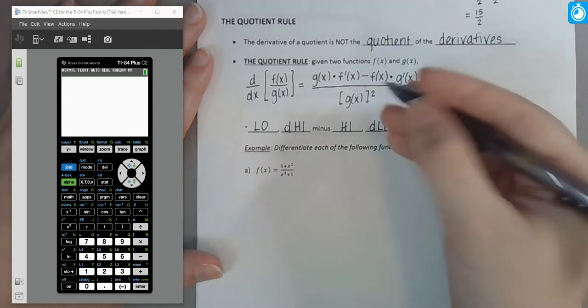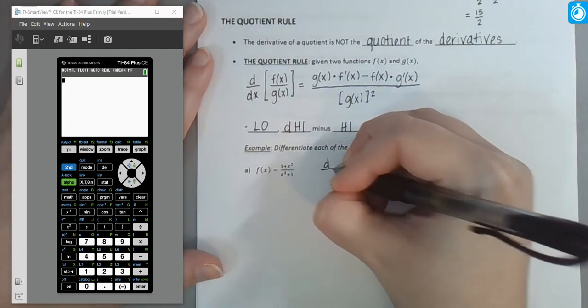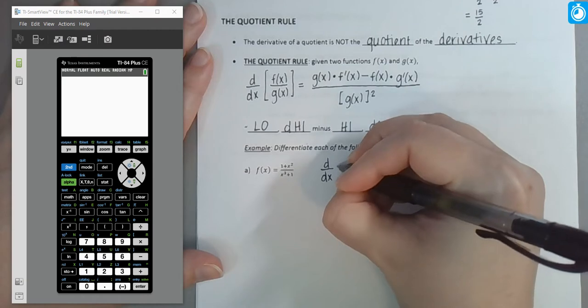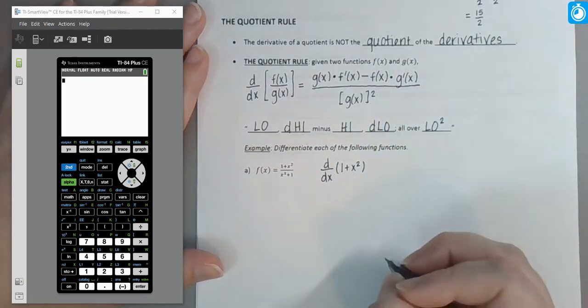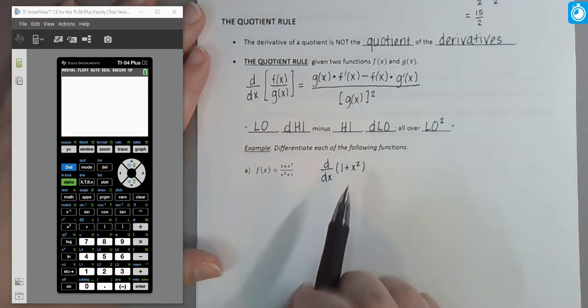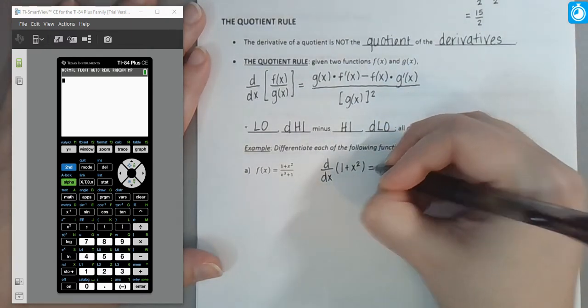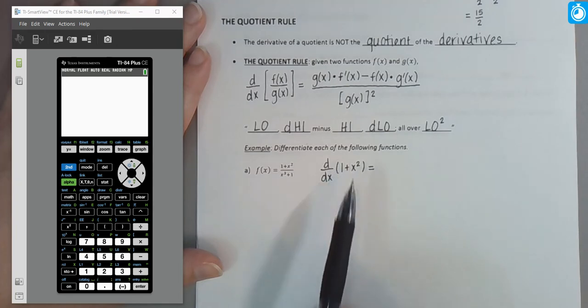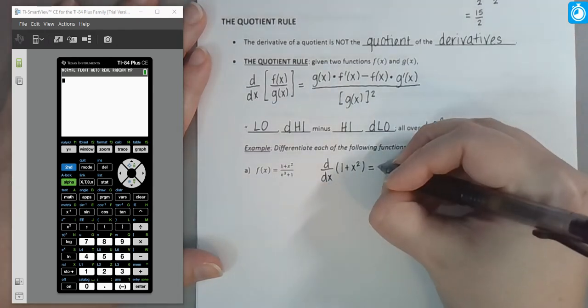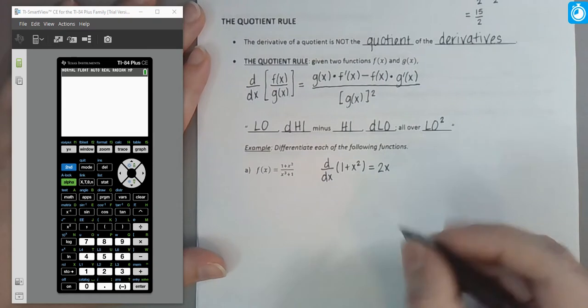Let's start with the upper function. We want to take the derivative with respect to x of our upper expression, so we're taking the derivative with respect to x of 1 plus x squared. The derivative of our first term, a constant, is 0. The derivative of the second term is going to be 2x.